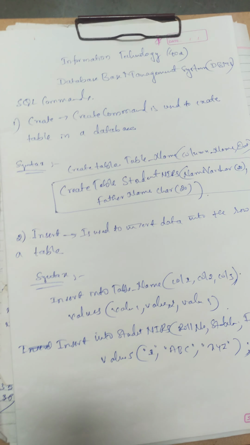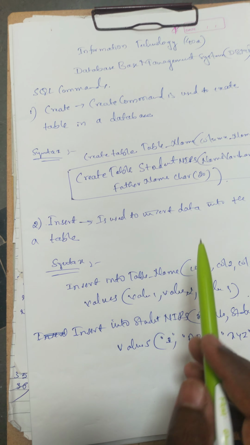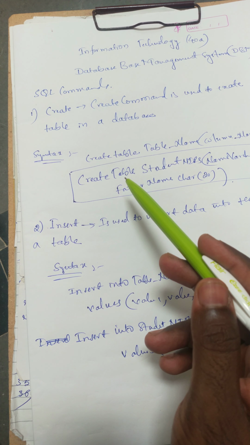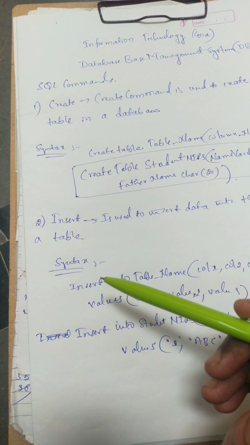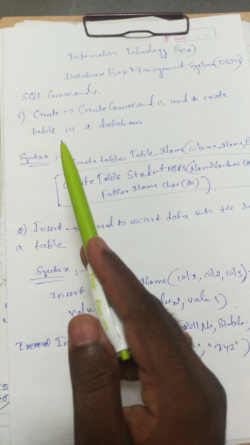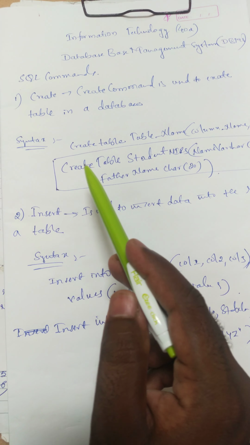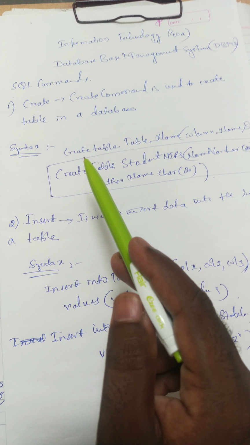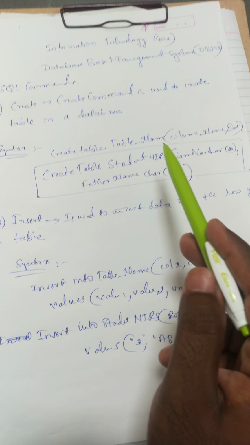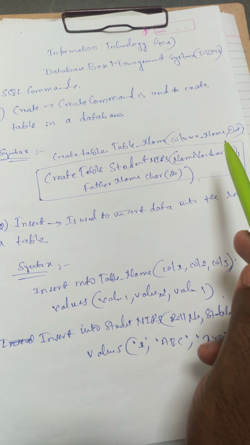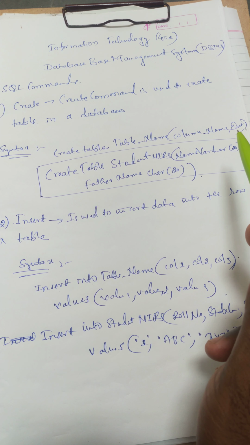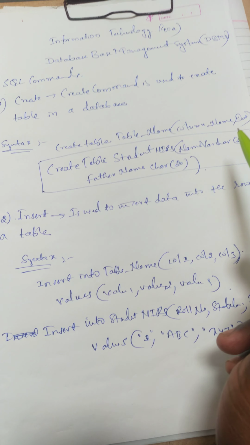Yes, so these are the commands and syntax. So create command and its syntax, insert command and its syntax. The create command is used to create the table in a database. The syntax for create is: create table, table name, and then column name, comma, okay, and you have to provide the data.